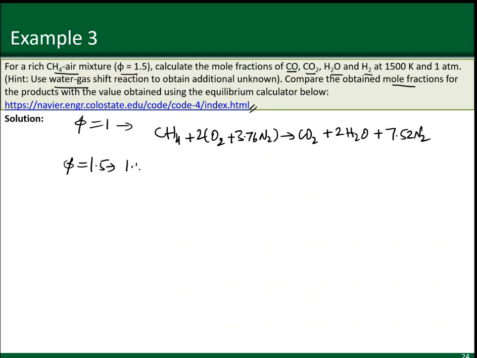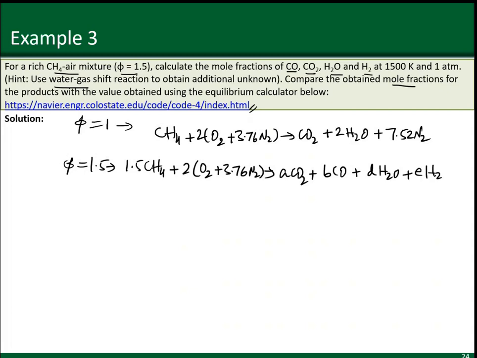It'll be 1.5 moles of fuel plus the same amount of air, giving rise to some moles of CO2, we don't know how many, plus some moles of CO, plus some moles of water in the vapor phase, plus some moles of hydrogen, and 7.52 nitrogen. Nitrogen does not take part in the reaction, so we know exactly how much that is.